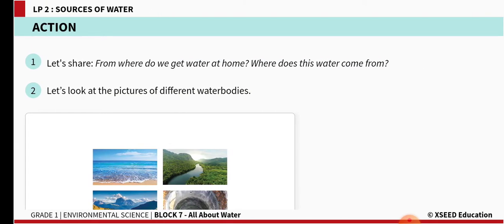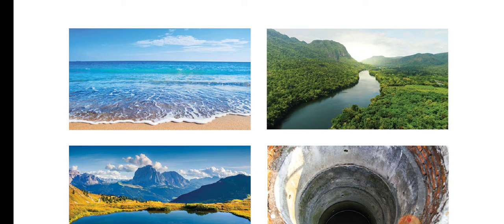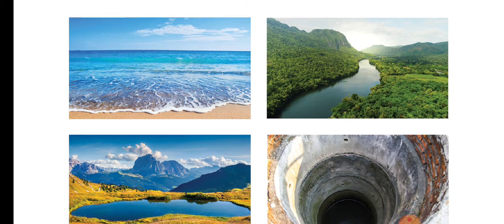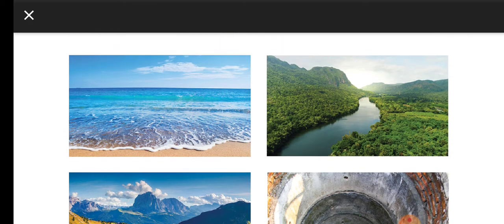Now the next part of the lesson is an activity. You all know that. See here are some pictures. I will give you some clues as a puzzle, and you will be able to identify. Here you can see some water bodies. Water body means the place where we can find a lot of water. In every picture you can see water. So let us try to identify the names of these water bodies.